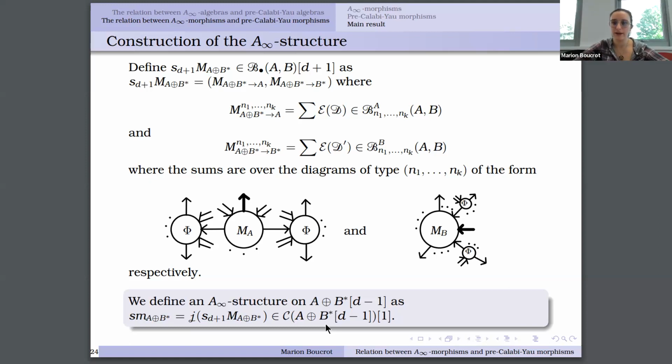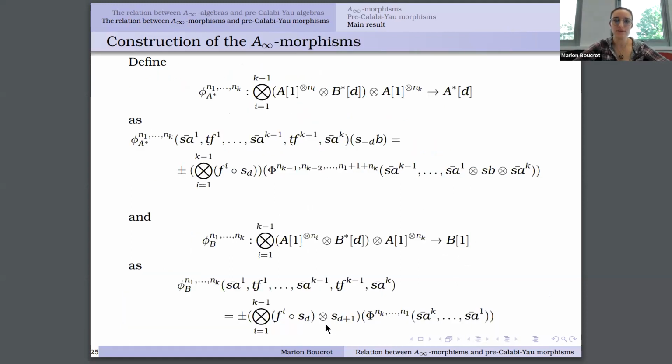I will now explain quickly, to finish, the construction of the A infinity morphisms. So we want to construct A infinity morphisms going from A plus B star to A plus A star on one side, and A and B plus B star on the other hand. So I will first define maps.